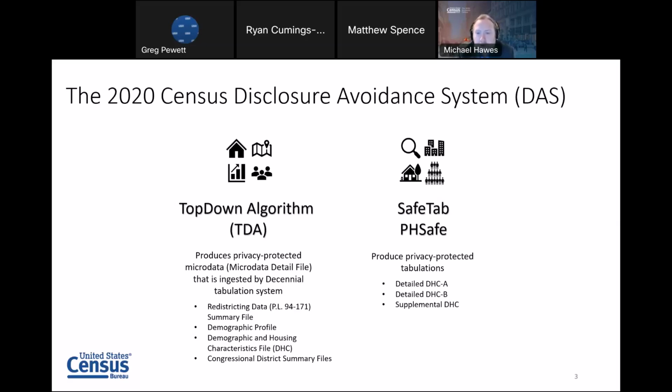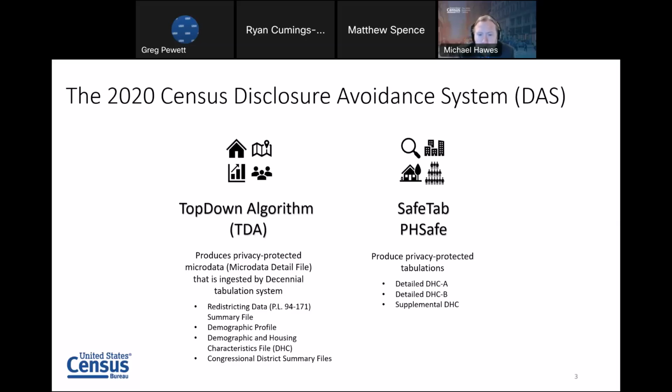Those algorithms are broken down primarily into what we call the top-down algorithm, or TDA, and then SafeTab and PHSafe. The top-down algorithm is the focus of what we're talking about today, because that's the algorithm that was used to apply differentially private noise injection for the redistricting data, the demographic profile, and the demographic and housing characteristics file, or DHC.